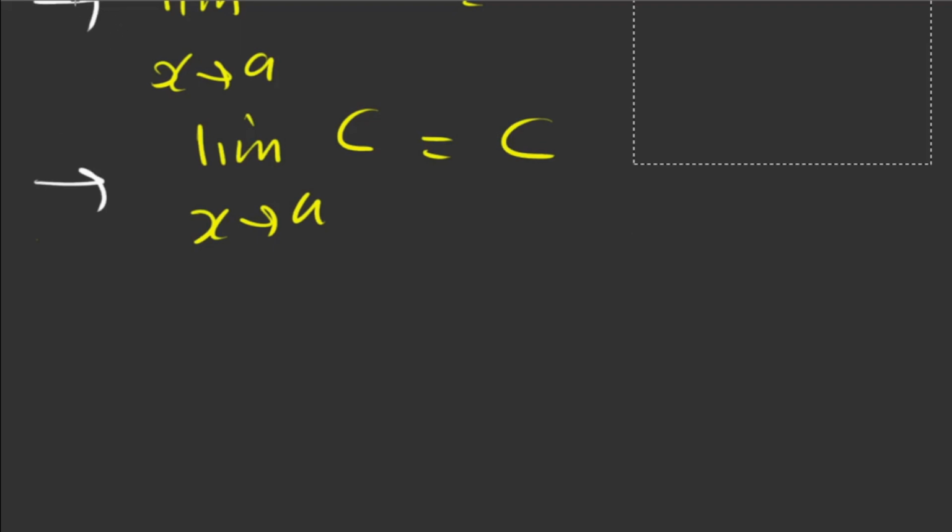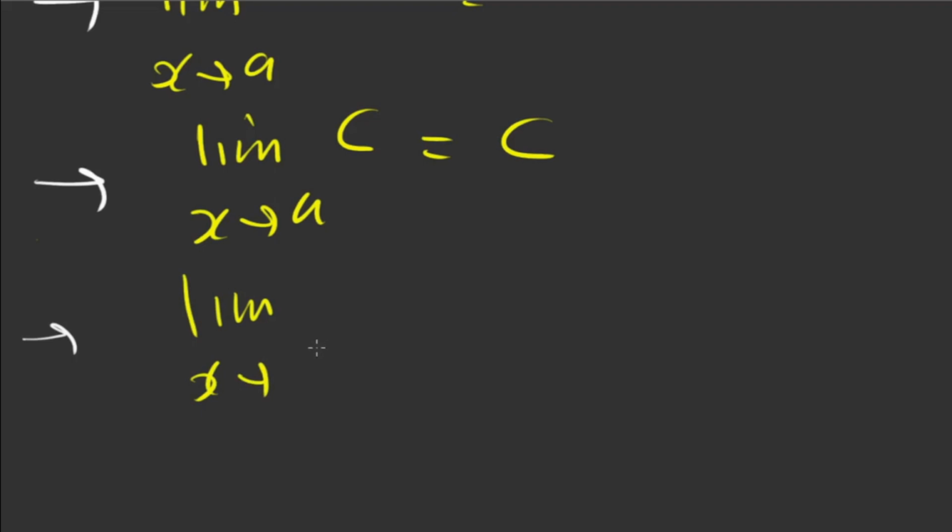Another property is the limit as x goes to a of x to the power n, where n is the index and x is the variable. The limit will be a to the power n.